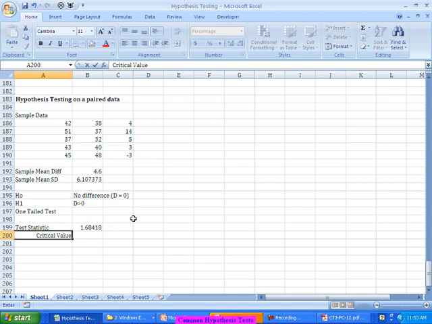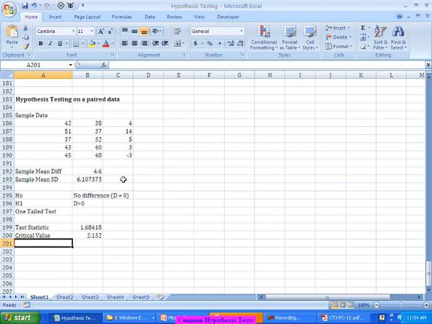So all it is saying is my test statistic is not beyond 2.132. It is much below 2.132, which means I don't have significant evidence, with just these 5 data points, to conclude that the training has really improved the efficiency level of the participants.